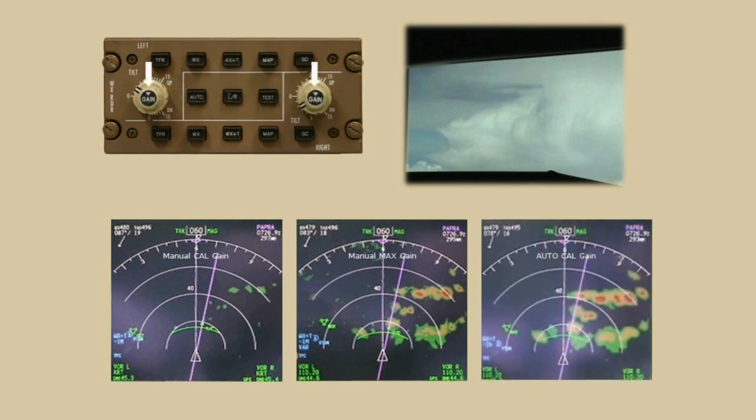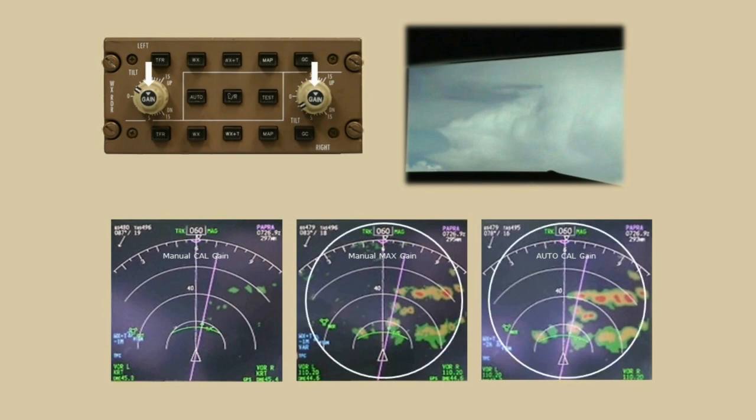In auto cal gain, the radar has automatically increased the gain as the outside air temperature decreased, providing a picture that is very similar to manual max gain and reducing the threat of inadvertent thunderstorm top penetration. Note that at cruise altitudes, manual max gain and auto cal gain are essentially equivalent.